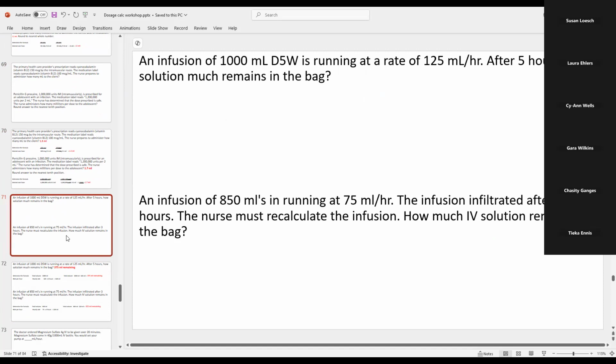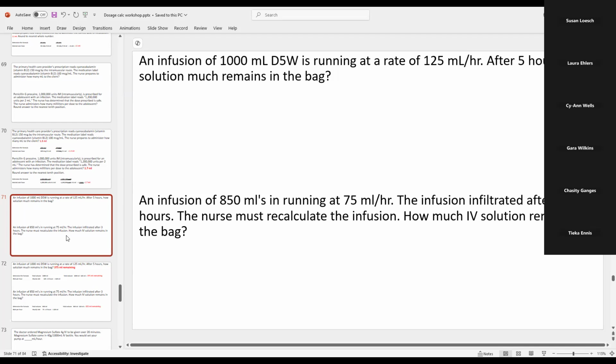So for this one, it's asking you how much is left in the bag. Okay. So you know it's running at 125 and it ran for 5 hours. So you're just going to take your volume per hour and multiply it times the number of hours that it's running. So 125 times the number of hours it's running here is 5.